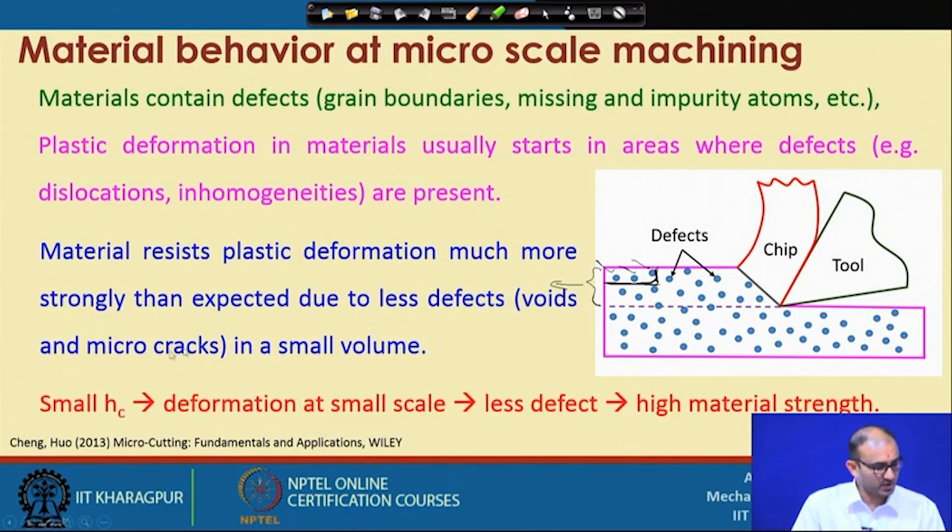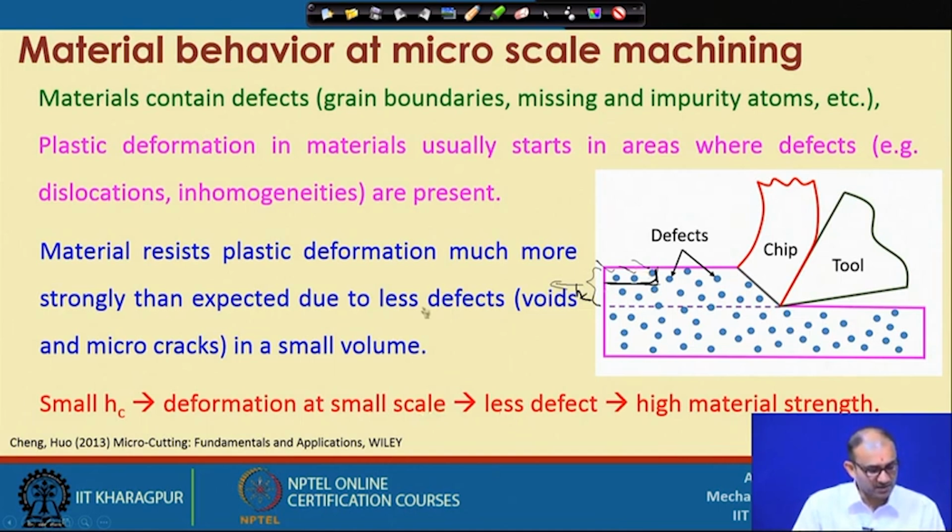And what is happening because of that? We are working with a small h_c, a very small value of the uncut chip thickness. What happens because of this? The deformation will happen at a small scale, as shown here.